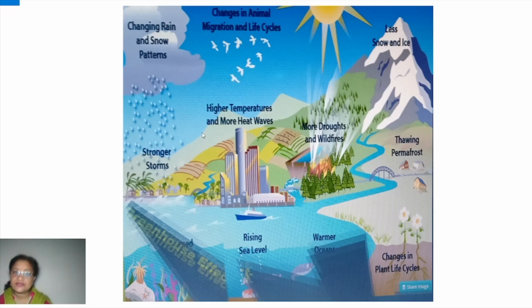High temperatures and more heat waves will be seen on the earth's surface. Clear? Then change in rain and snowfall patterns, or you can say the precipitation, the pattern of rainfall and precipitation as a whole will be changed a lot. Storms are going to be stronger and more destructive.